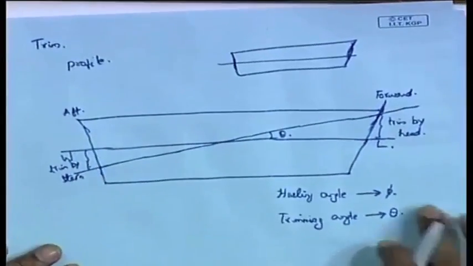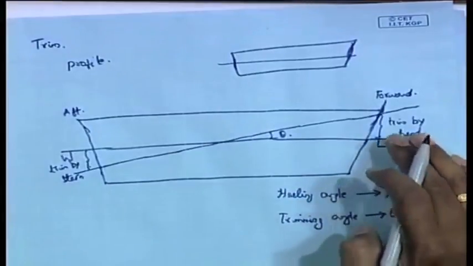So, the amount by which the front part trims from the mean waterline. There was an original mean waterline, the distance from which it trims is known as the trim by head, and the distance through which the aft side of the ship trims is known as the trim by stern.